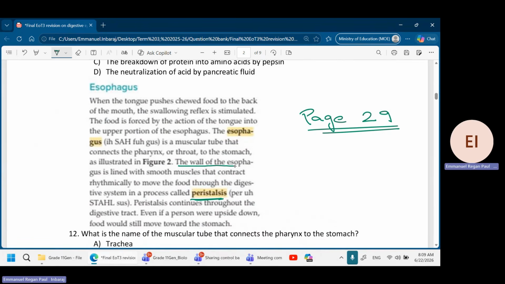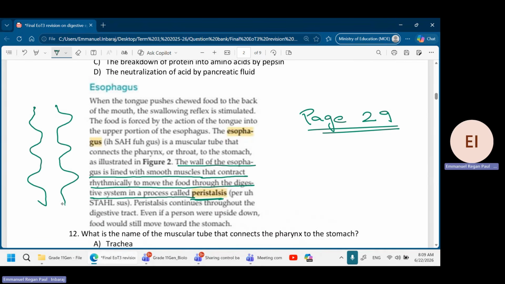Yes, the wall of the esophagus is lined with smooth muscles that contract rhythmically to move the food through the digestive system in a process called peristalsis. You see? So there is the esophagus. Let's say this is the esophagus, and the esophagus is a tube.